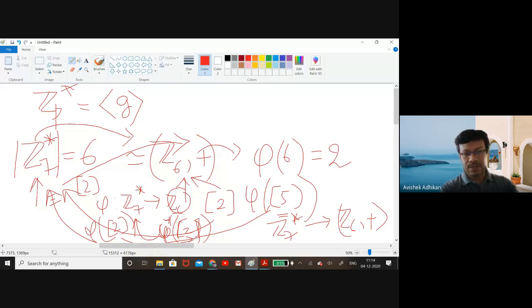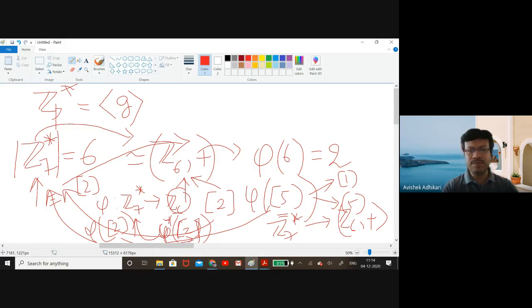Now if class 5 goes to class 5 here also, then it is fine. If class 5 is a generator here, then after applying phi, which is an isomorphism, whatever phi of class 5 is will also be a generator of Z6. And you know that in Z6 there are exactly two generators, either class 1 or class 5. Now you can check where it will go, right?